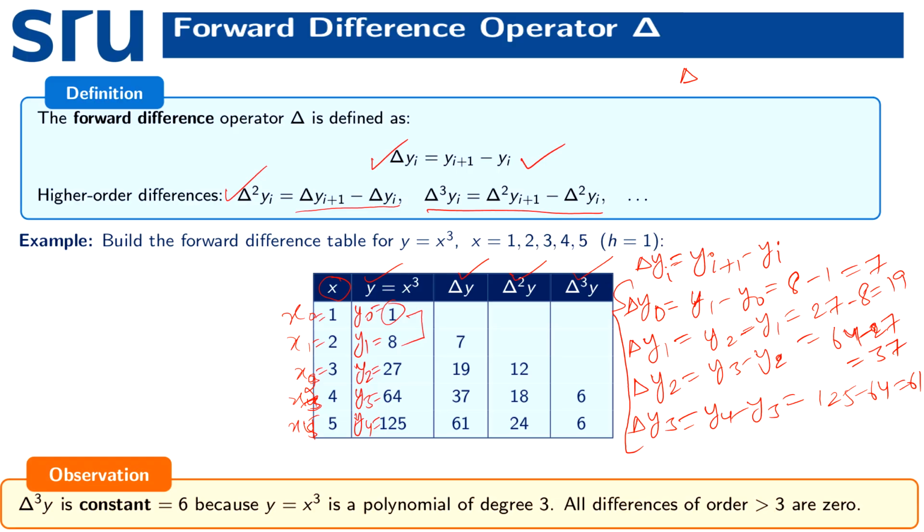Now we shall try to calculate the second difference. The second difference is delta square y. Delta square yi will be equal to delta yi plus 1 minus delta yi, according to the formula. So let me find delta square y0.